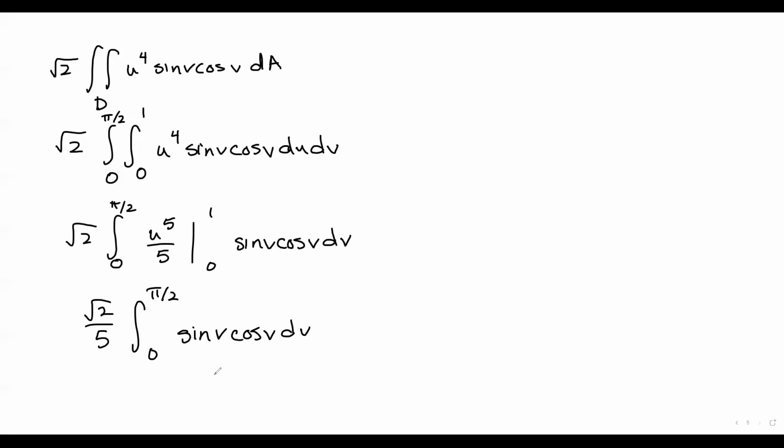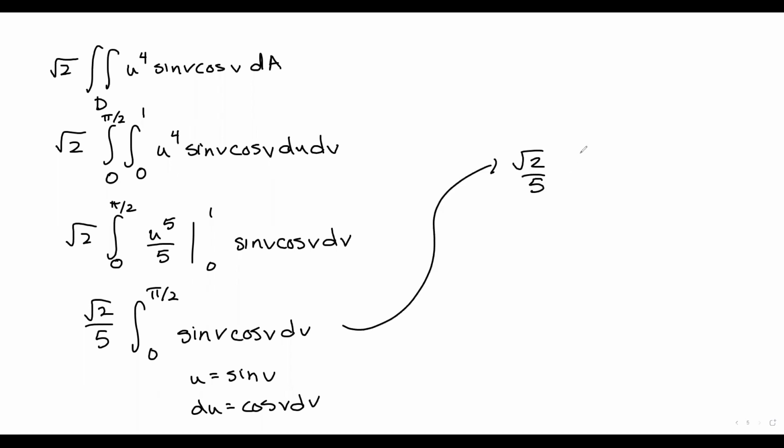This is a u substitution. We get u equals sine v, du equals cosine v dv. So we're going to get root 2 over 5. Plug in 0 into sine, you get 0.